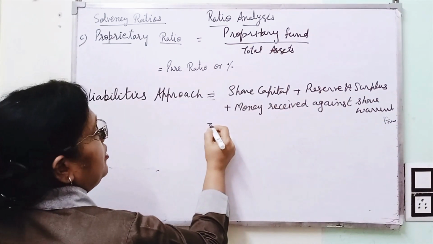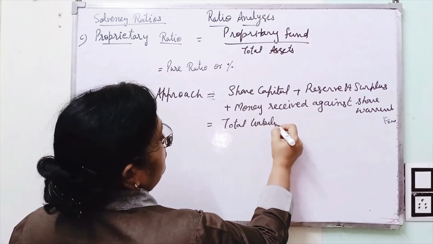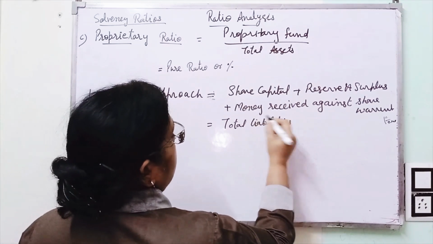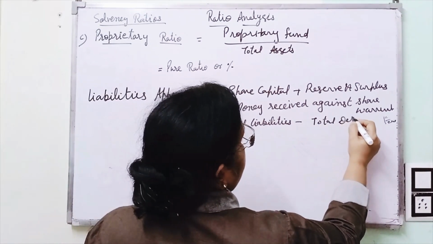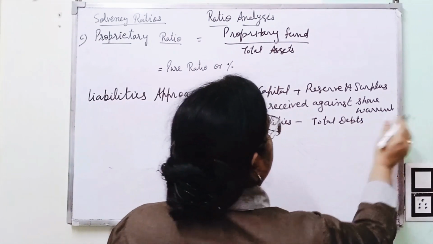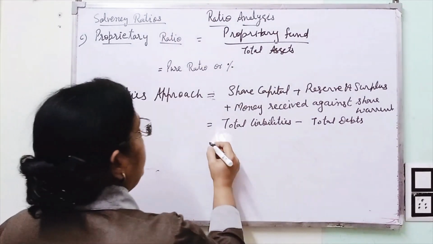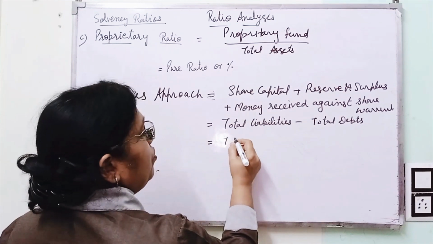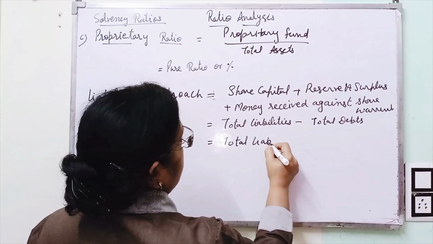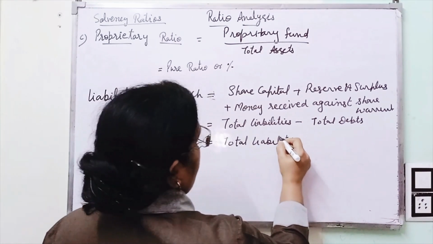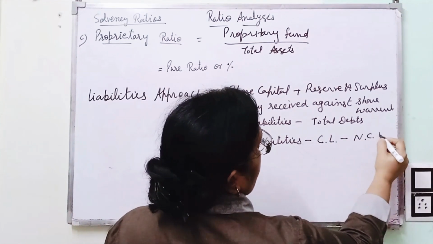Or we can say total liabilities minus total debts. Here total debts means non-current liabilities and current liabilities. Or we can say total liabilities minus current liabilities minus non-current liabilities.